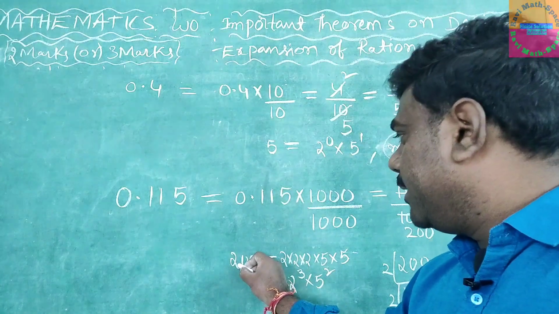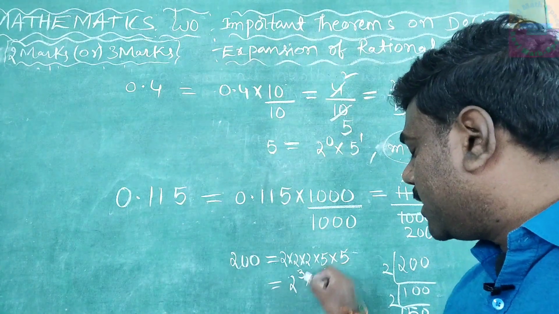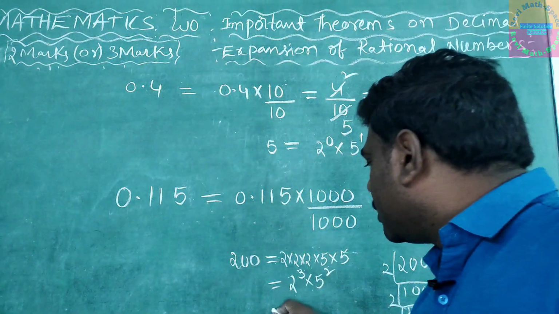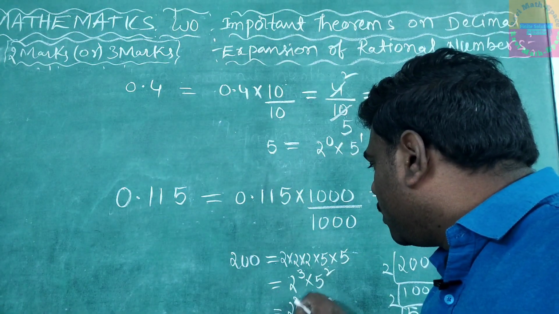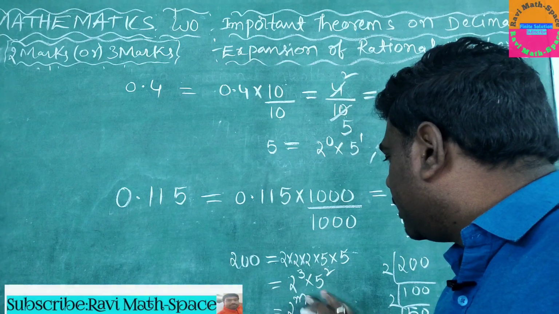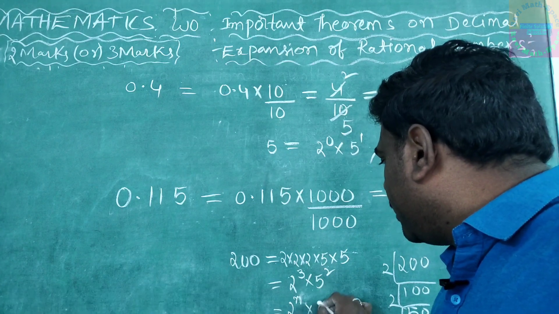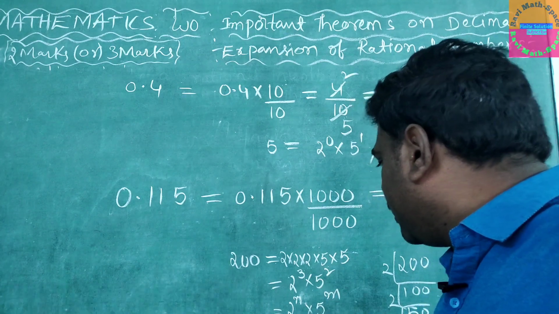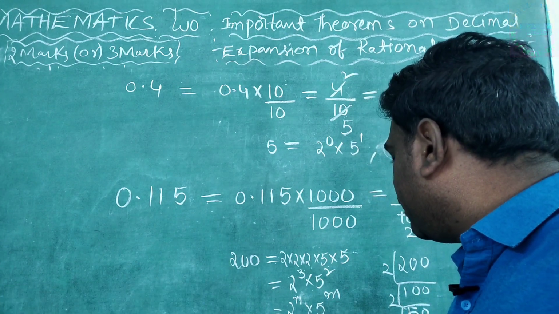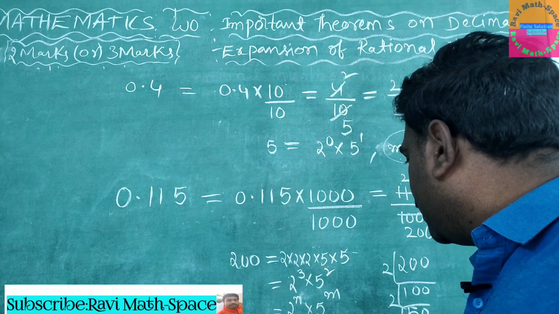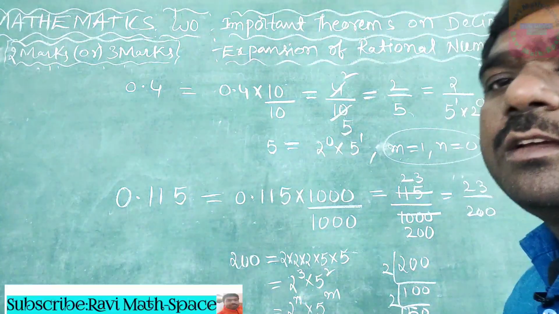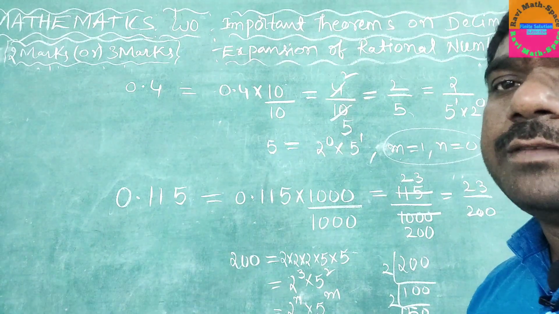So the prime factorization of 200 is in the form of 2 power n into 5 power m, where n and m are 3 and 2 respectively.